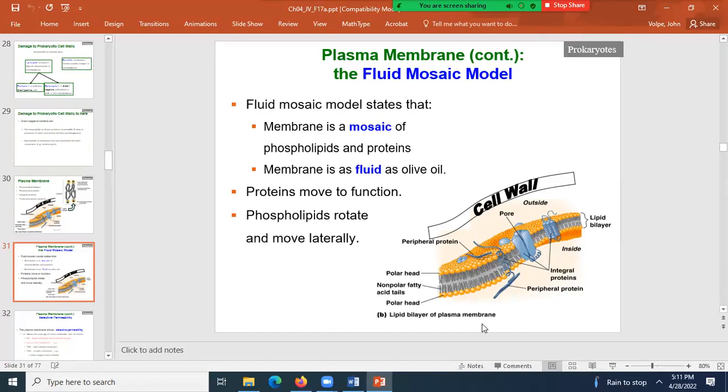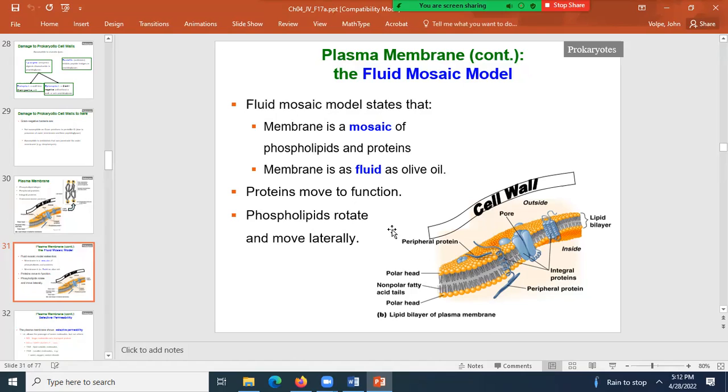Not the membranes, the receptor bound proteins move together. And then that portion of the membrane will be brought into the cell. The point is the proteins can move to do their function. And many of them, if not most of them, are free to move about in the membrane.